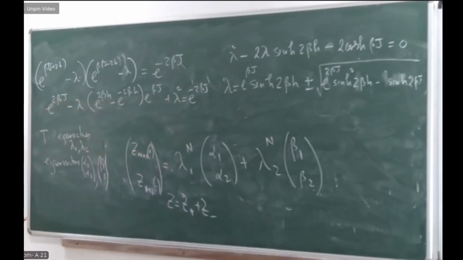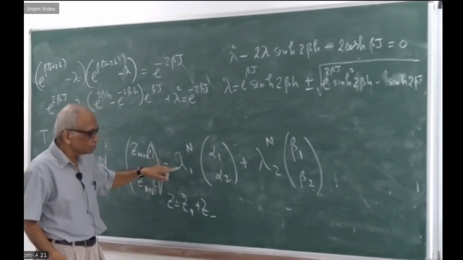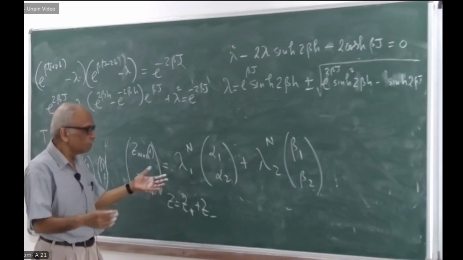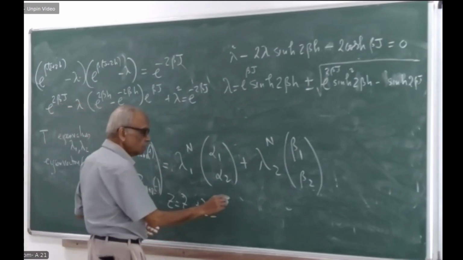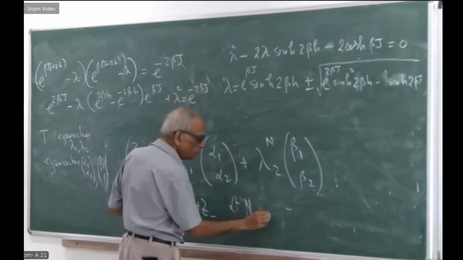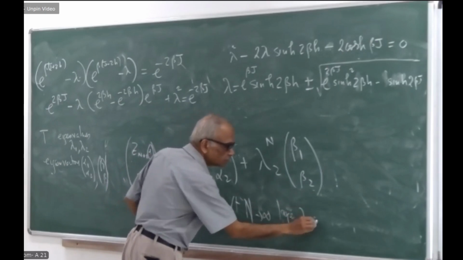So one root is greater than the other, which means that if I now look at this over here, n is large. In the thermodynamic limit, when n goes to infinity, the larger lambda survives.